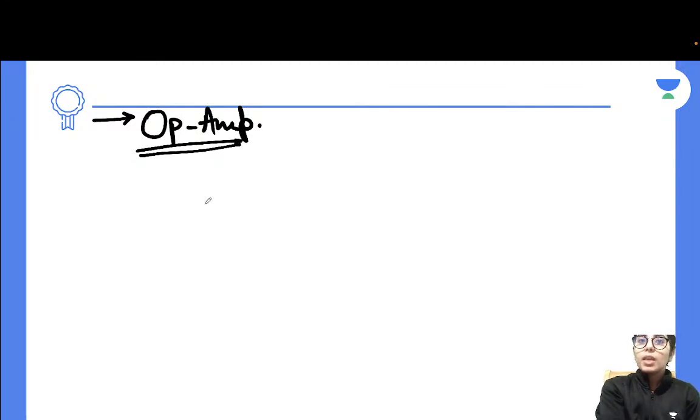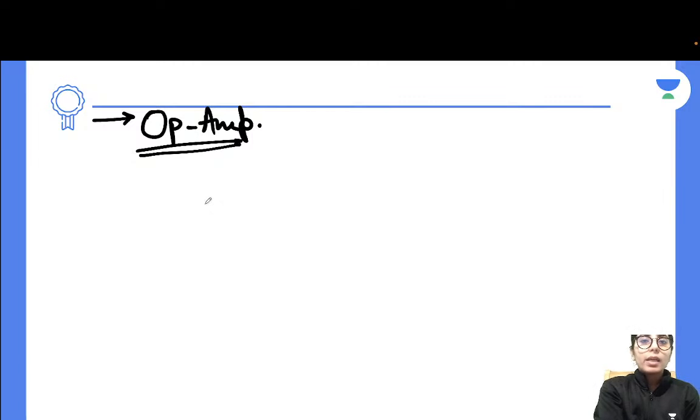What is the meaning of saturation voltage, what is the virtual ground concept, if the feedback path is present in the op-amp towards the negative side of the input, meaning the inverting input terminal, then what will happen? If it is present on the positive side, then what will happen? So this is how you have to consider all these things, right?